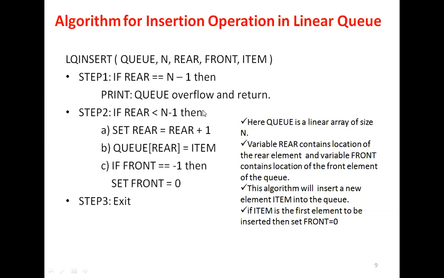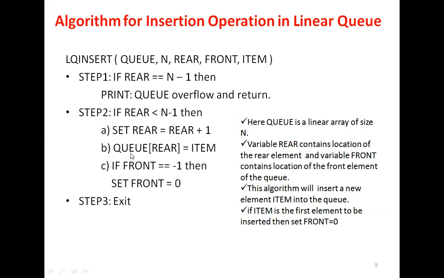Okay. And in step 2, if rear is less than n minus 1, that means this condition is not satisfied, which means the queue is not full. So what to do? First of all, you have to increment the value of rear by 1. So set rear equals rear plus 1.